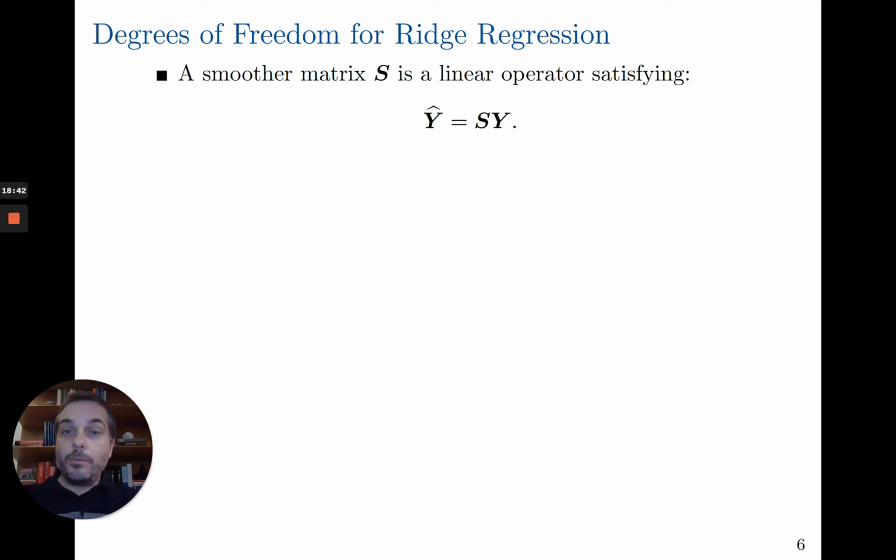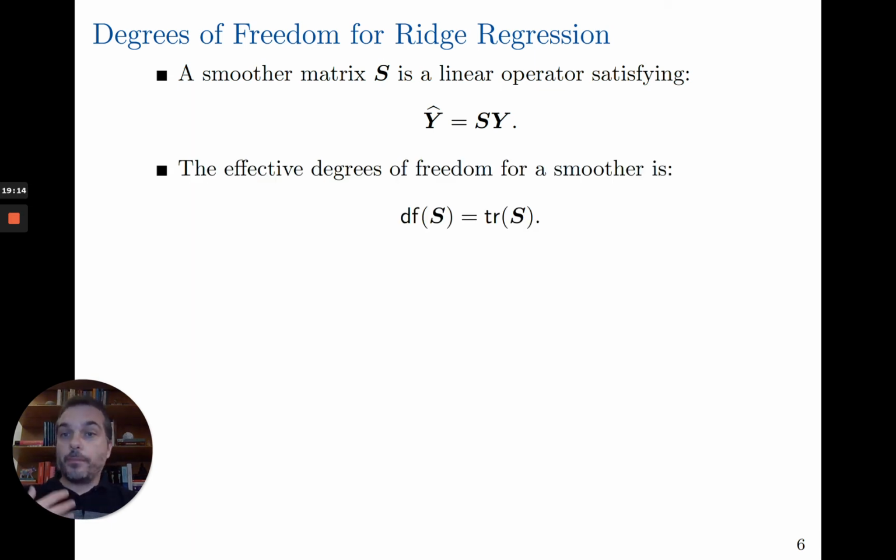So now there's a big question. How can we compute the degrees of freedom? There is a very nice closed formula for that, for ridge. First, we have to define a smoother matrix S. A smoother matrix is nothing more than a linear operator that takes y and gives you y hat, your predictor, right?